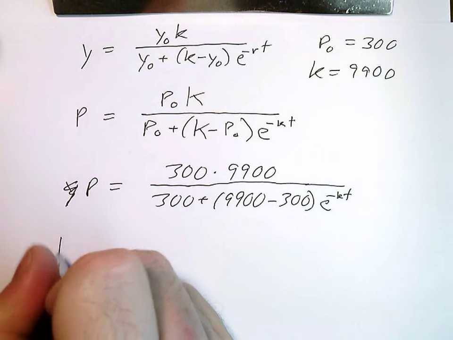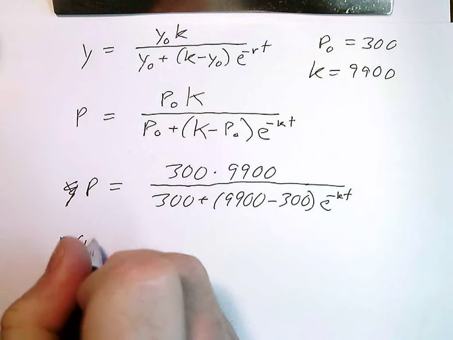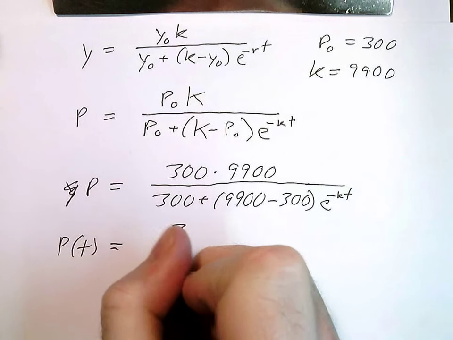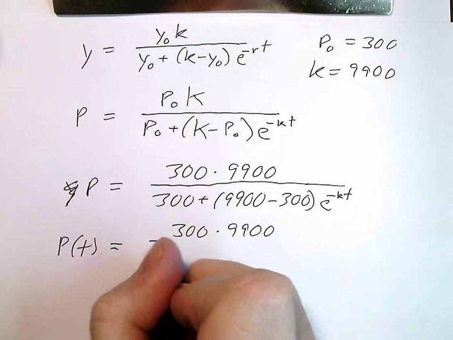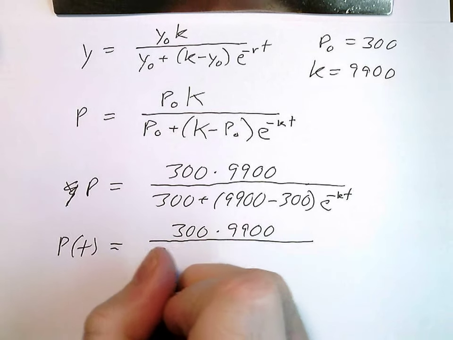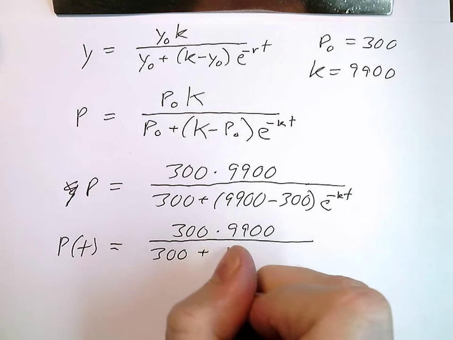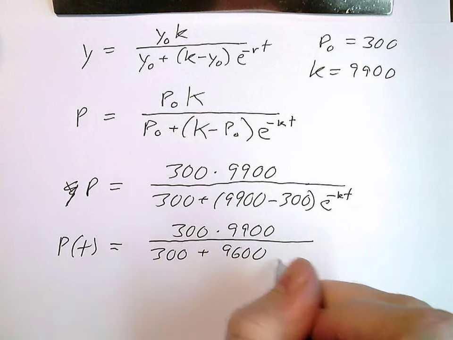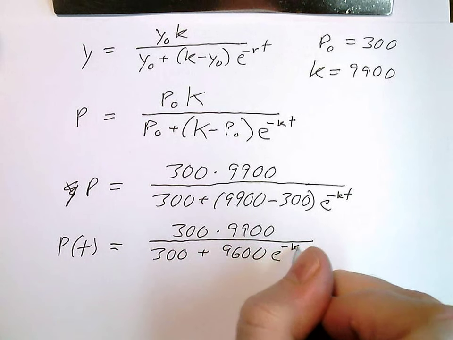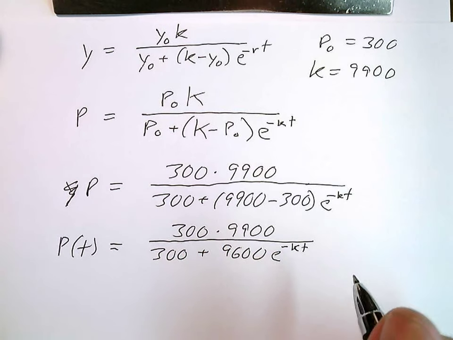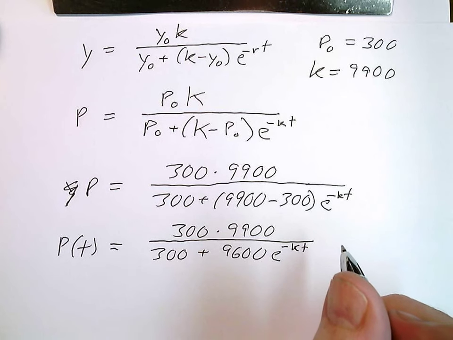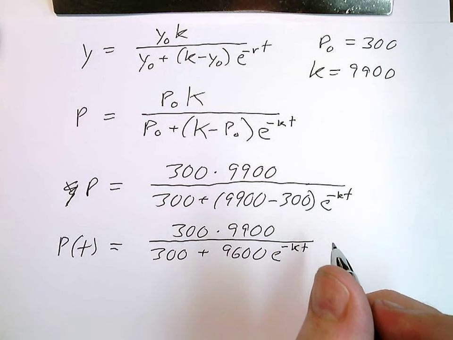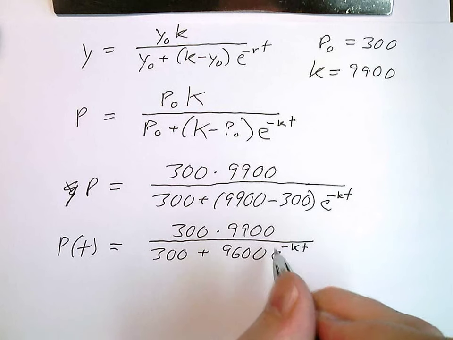So our P of t here is 300 times 9,900 over 300 plus 9,600 e to the minus k t. So this is what we have so far. We can simplify this fraction if we want to, but we want little k.